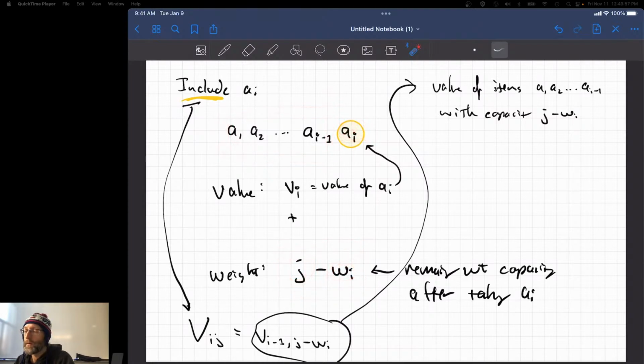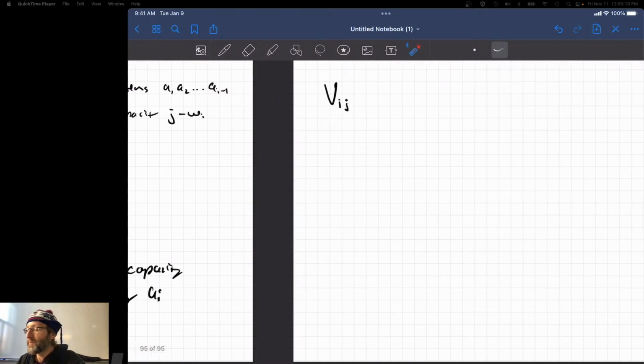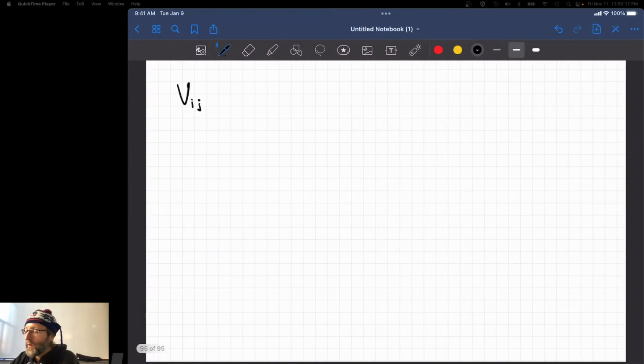All right? So we're subtracting the weight from J, but we're not adding value I, are we? Not yet. Right? So let's bring those together. I have a decision to make. If it's feasible, if J minus W sub I is greater than or equal to 0, then I have a choice.